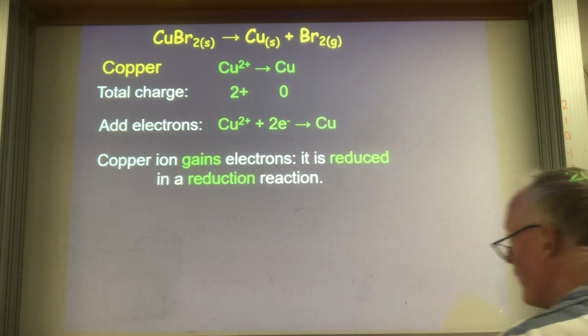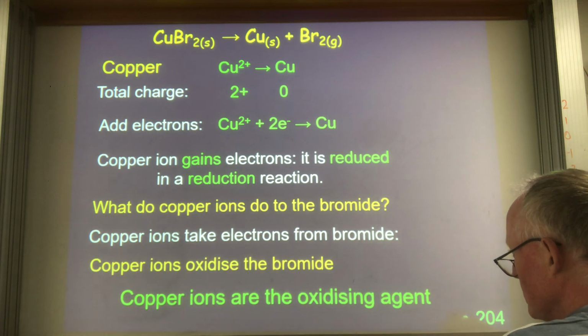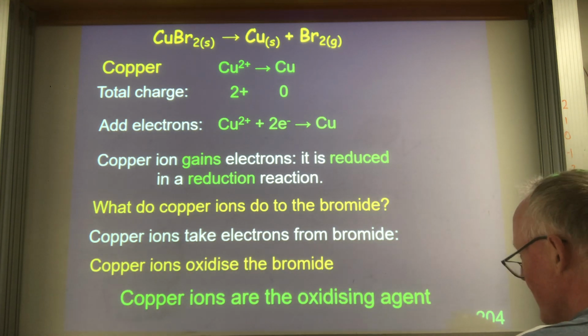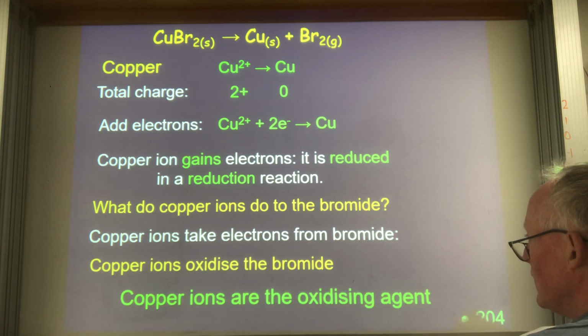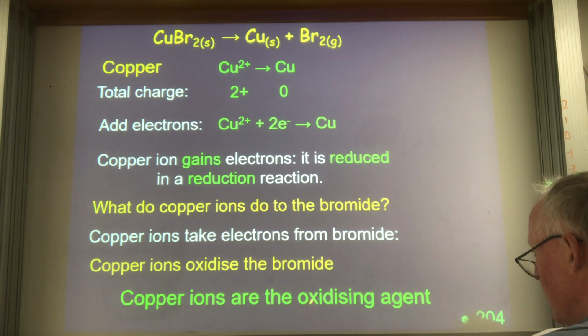So we describe the copper ions as the oxidising agent, because that's what they're doing to the bromide. So it itself is being reduced in a reduction reaction, but how is it acting as an agent? What is it doing? It's oxidising the bromide, so we say it is the oxidising agent.